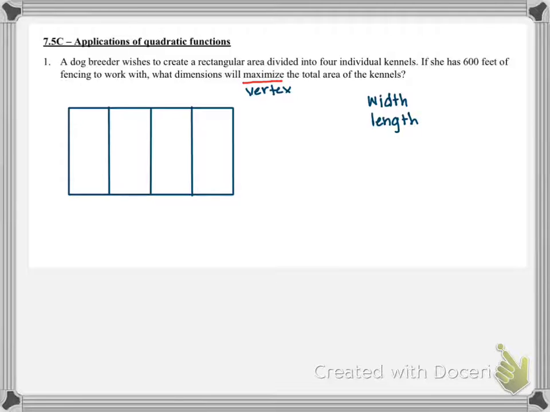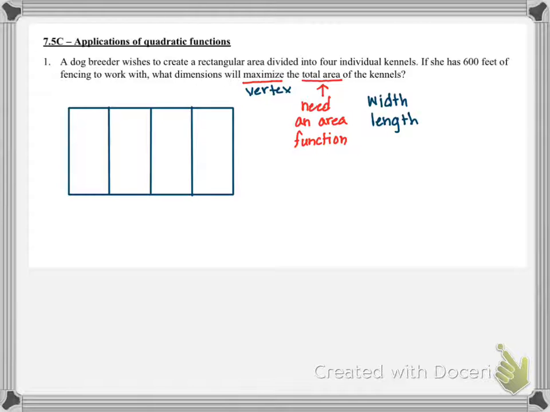And then I have to ask myself, what function am I finding the vertex of, right? Whatever function it is I'm trying to maximize, that's the function I want the vertex of. So if I'm maximizing the total area, that tells me I need an area function. So make sure that you're writing and using the appropriate function for this.